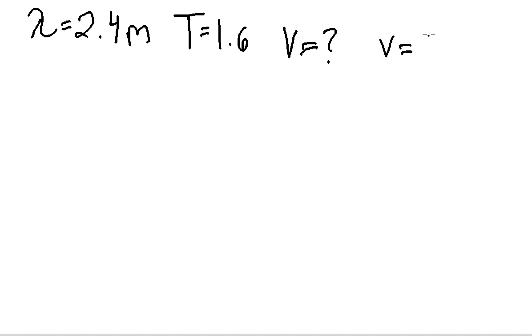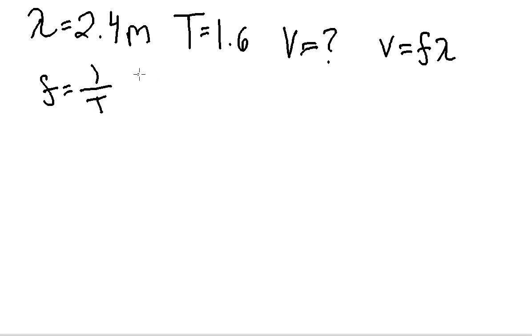Velocity equals frequency multiplied by wavelength. And we also have an equation that relates frequency to period. So we know that frequency is equal to the inverse of period.